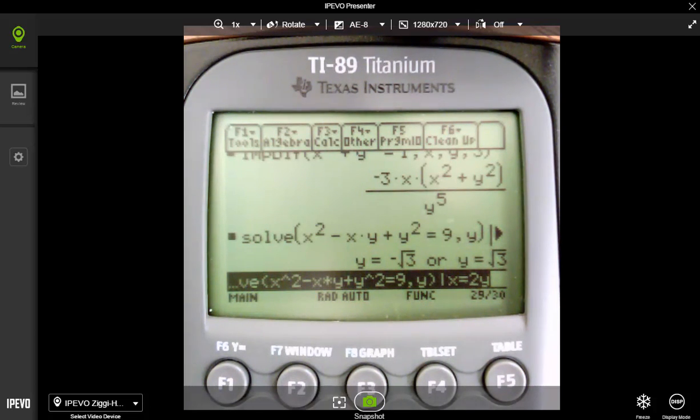Boom. How nice is that? It's real nice. And then you could clear that out and go 2y, because we know x is 2y, such that y equals root 3.